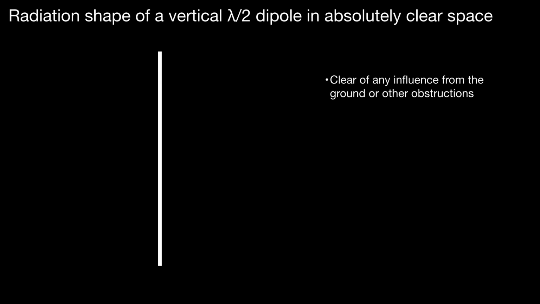Right, moving on. The radiation shapes. Now we're going to have a look at the radiation shapes of antennas. If you imagine an antenna out in deep space, clear of any objects, or at least several wavelengths away from any other obstructions, not necessarily in deep space, but certainly without taking into account any other obstructions, then the pattern is going to be a toroid or a donut with a dipole as its axis.